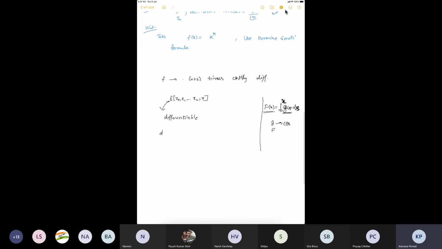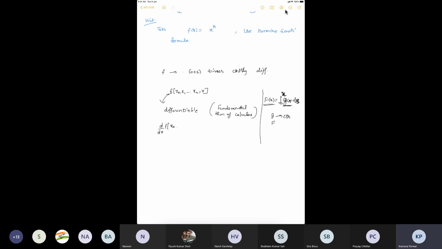So you can talk about the derivative of this. You can use the fundamental theorem of calculus to realize this. So you can differentiate this.